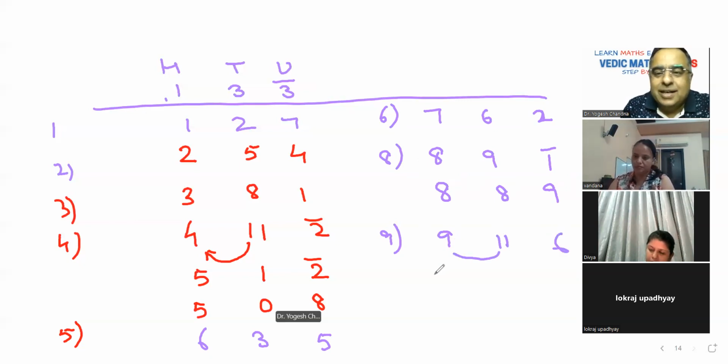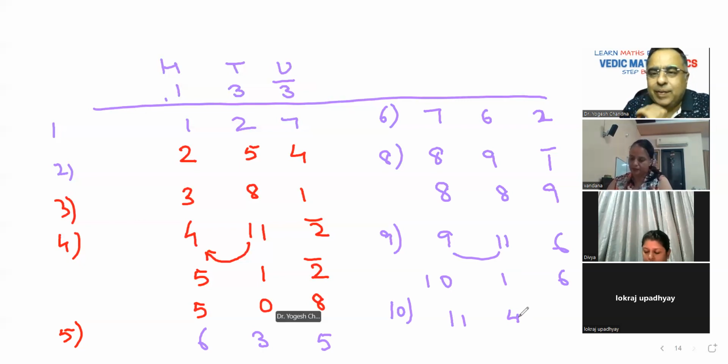So 1 goes here. So 10, 1, 6. 18 4. This 0, 10 plus 1 is 11. This is something we have done here. 9.